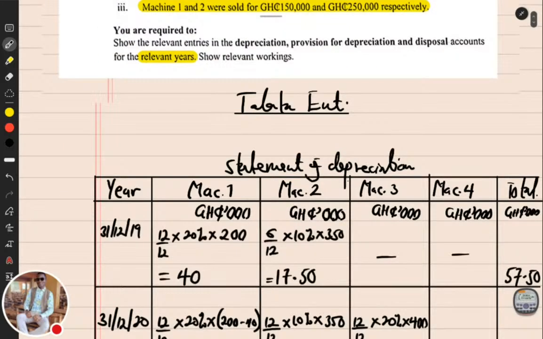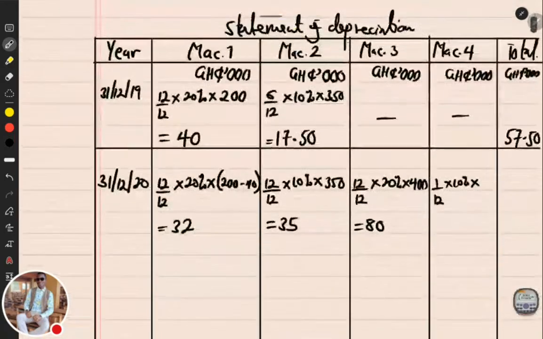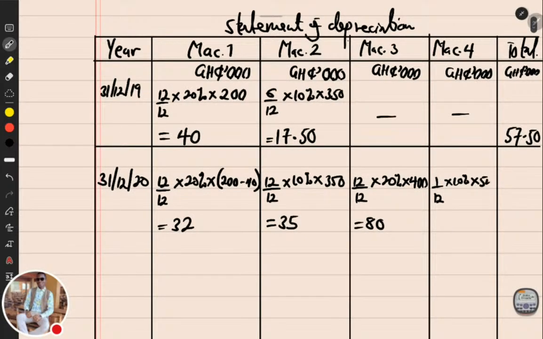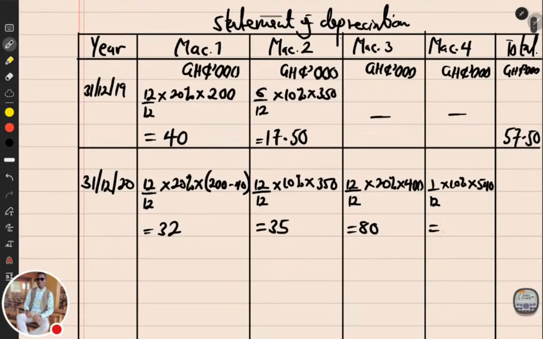So that means I want to have it here as what? 1/12, okay? Multiplying what? 10%, all right? And then multiplying what? What was the cost? 540. So you have 540 coming up there. So in summary, what do we get?